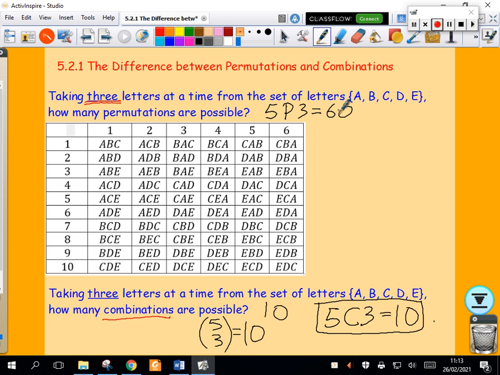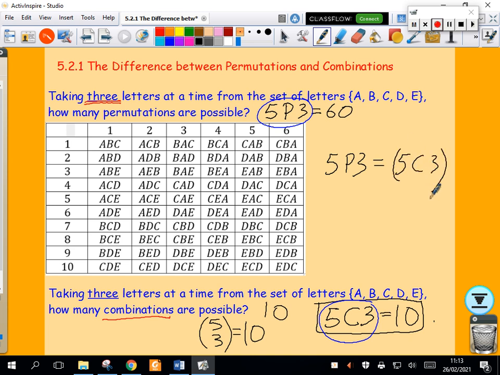Now, an important relationship here is to think about the connection between 5 permute 3 and 5 choose 3. And 5 permute 3 is just 5 choose 3 times 3 factorial.